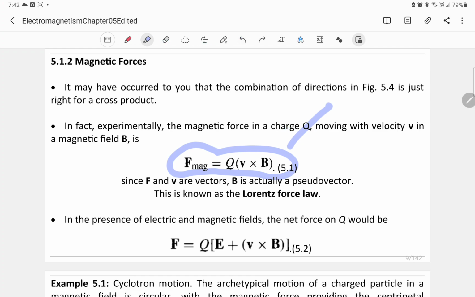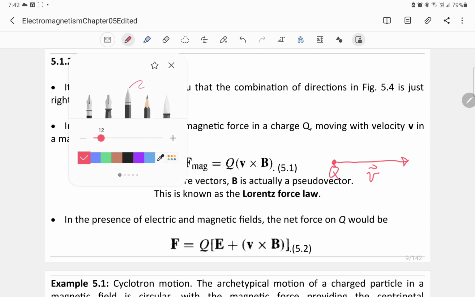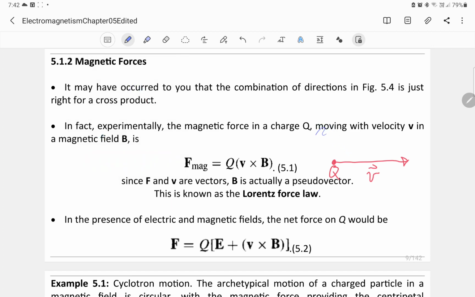So let's say, for example, we have a charge Q moving in this direction, so the velocity is also going here, and the magnetic field, let's use another color, is in this direction, B. So what is the direction of the force?